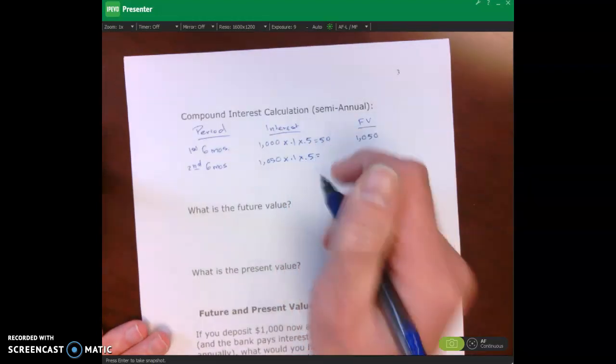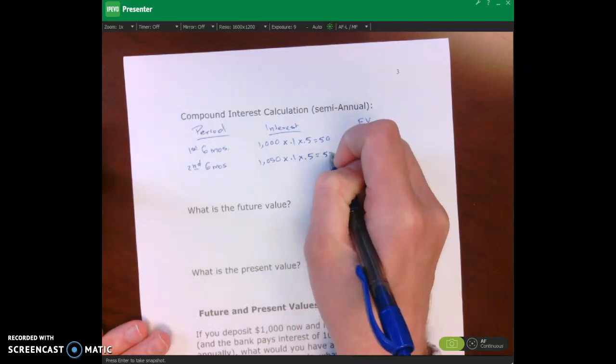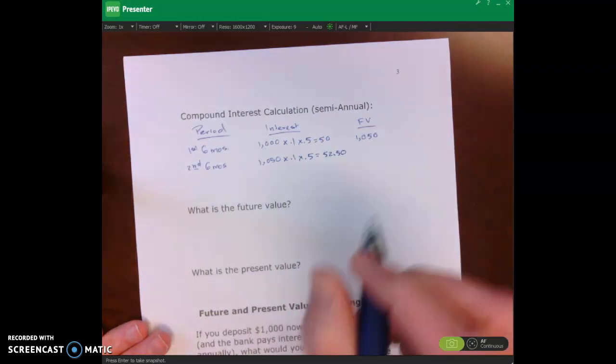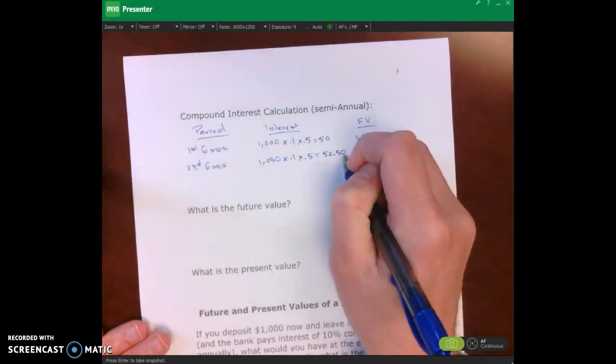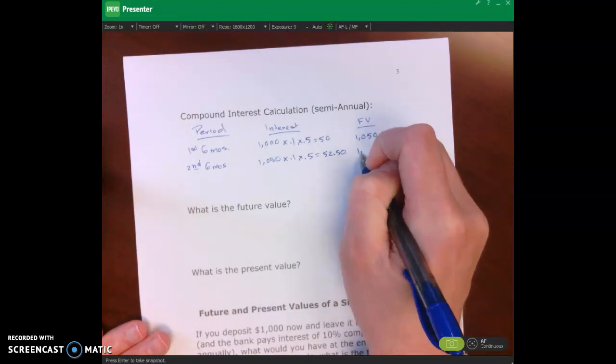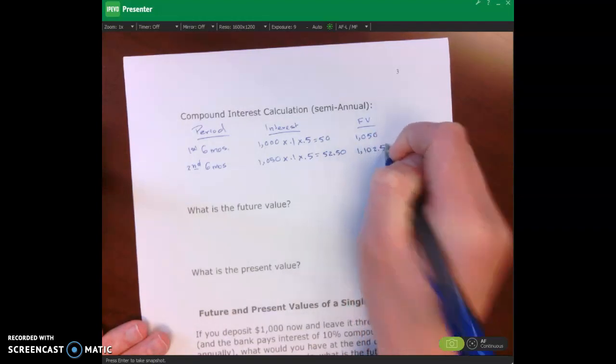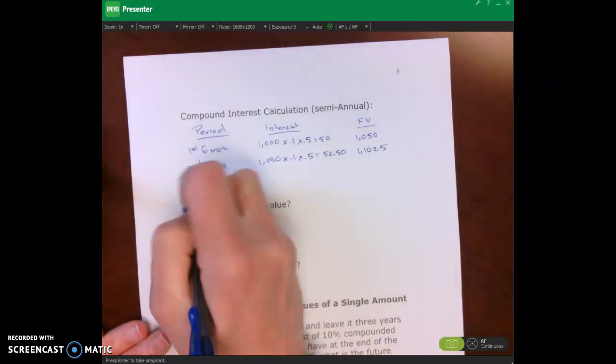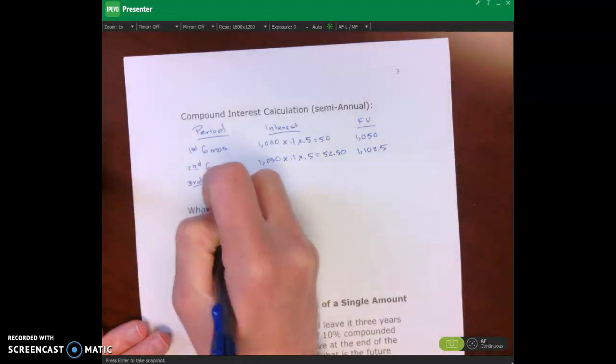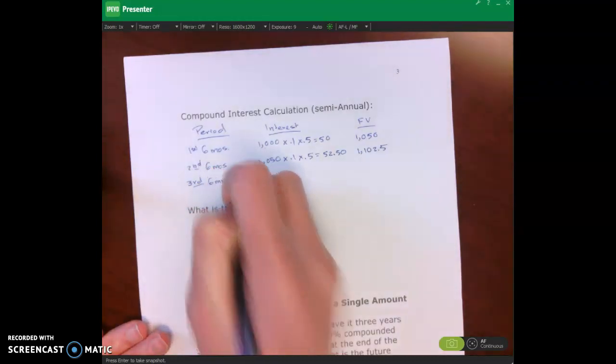Times 0.5 gives me 52.50. When I add that to my 1,050, I get 1,102.5.